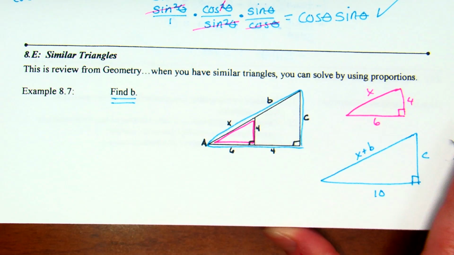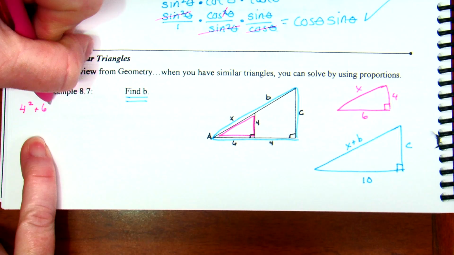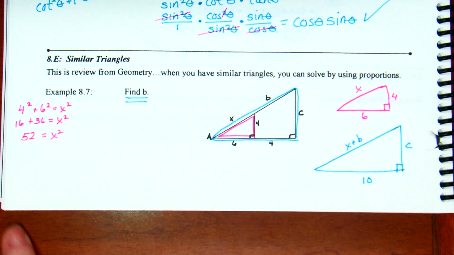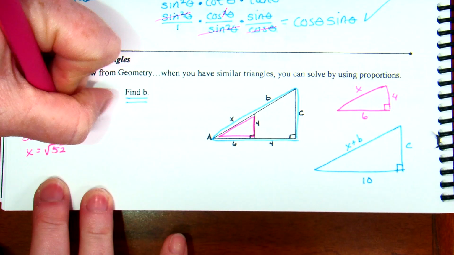Pythagorean theorem says 4 squared plus 6 squared equals x squared. 16 plus 36 equals x squared. 16 plus 36 is 52. And so if x squared is 52, then x is the square root of 52.